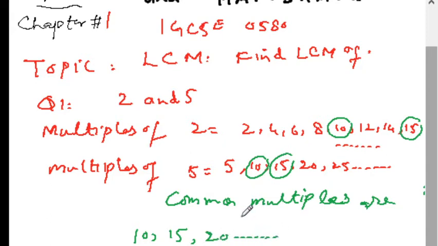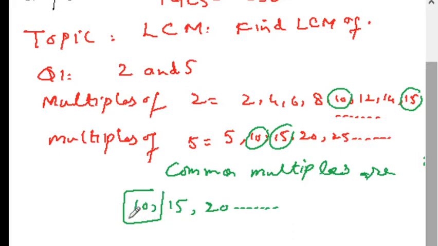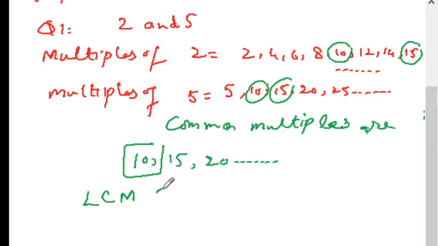There are so many common multiples, but what is the lowest one? The lowest one is this one. That's the lowest common multiple for 2 and 5. So the LCM of 2 and 5 is 10. This was method number 1.